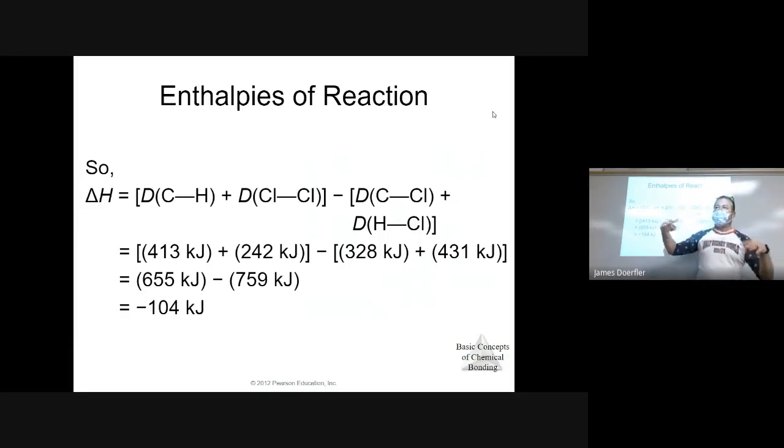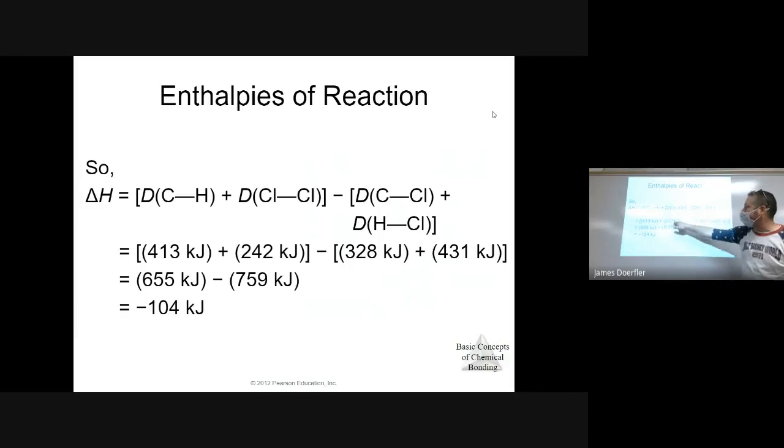Let's say we had to break 2 carbon to hydrogen bonds. Instead of a D there, you'd have 2. It becomes a multiple. So we had the single carbon to hydrogen bond broken. We had the single chlorine to chlorine bond broken. We use table 8.4 that you have your book open to and substitute values.